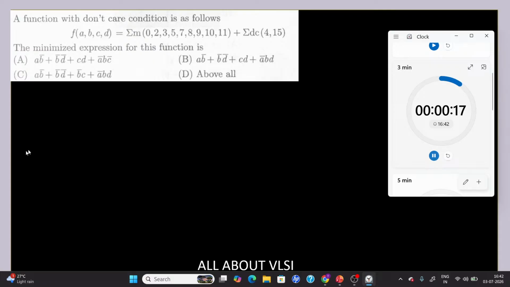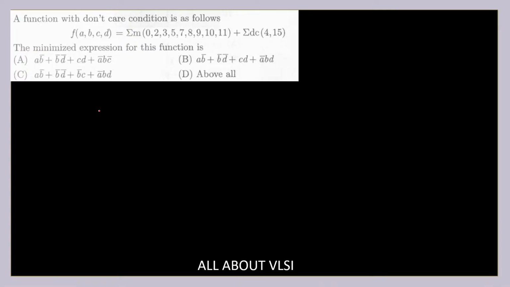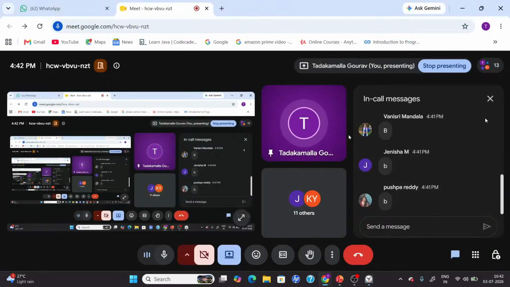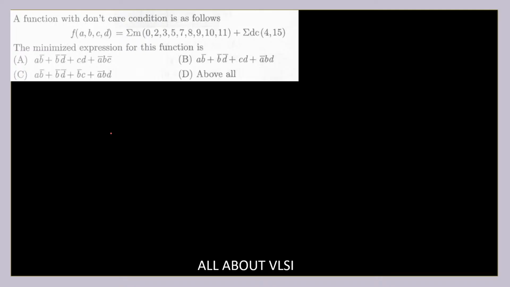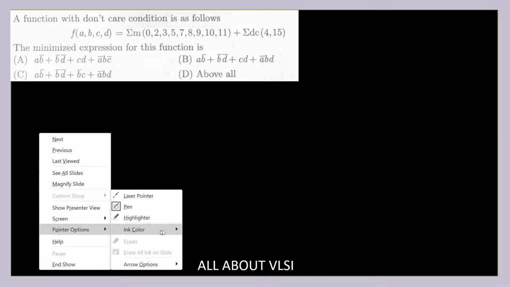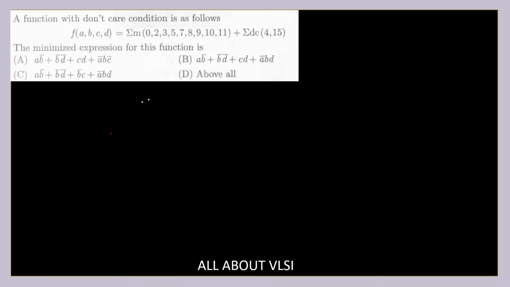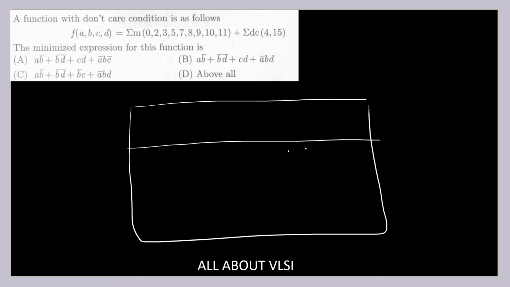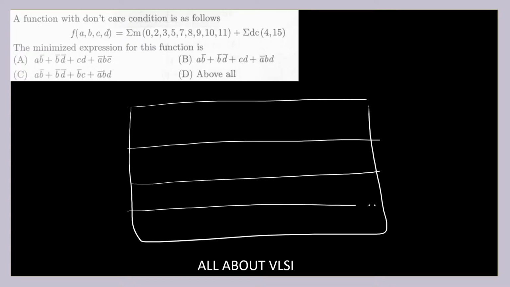Okay, let me draw the KMAP quickly. So let me draw the KMAP for this and let's see what options we are going to get. I'm going to have this KMAP, which is a four variable KMAP, which is going to have 16 cells like this, right?